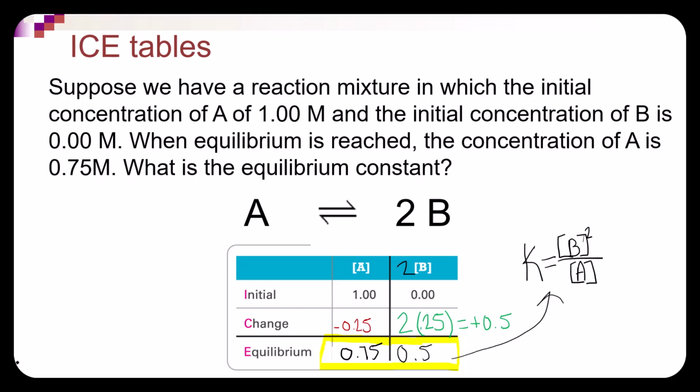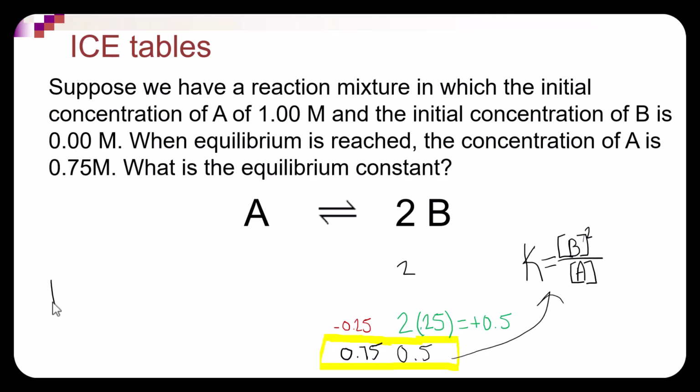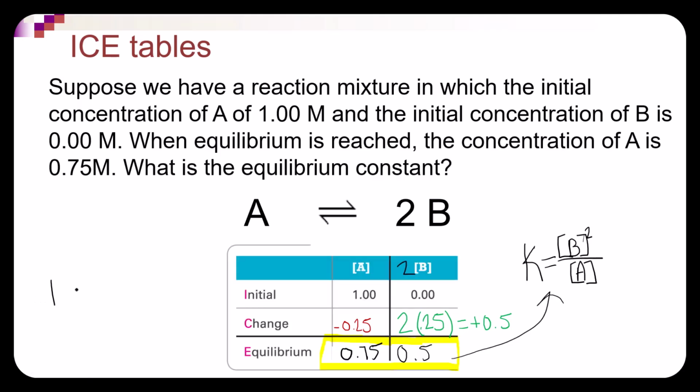So in this case, we've got K equals, so on the top is going to be the concentration of B at equilibrium, so that is the 0.5. And then don't forget to square that, right, because of that coefficient. And on the bottom is going to go the concentration of A at equilibrium, which is 0.75.